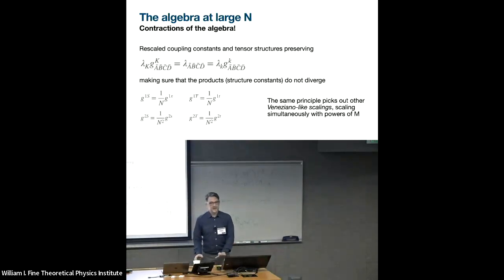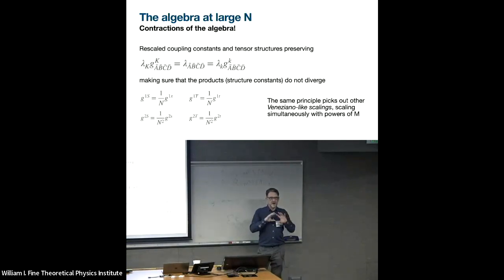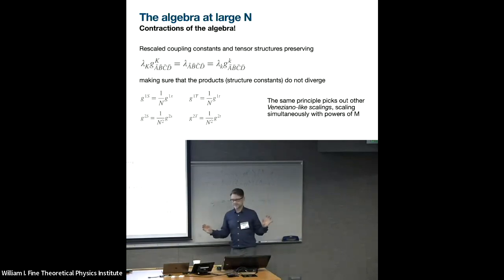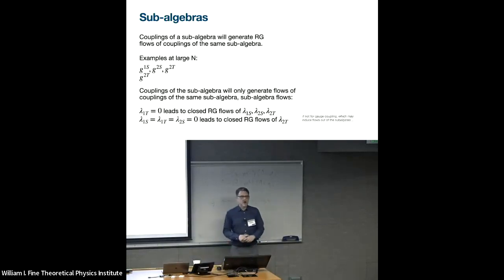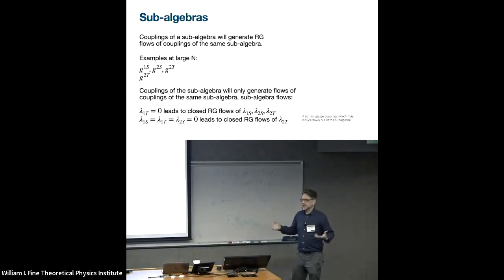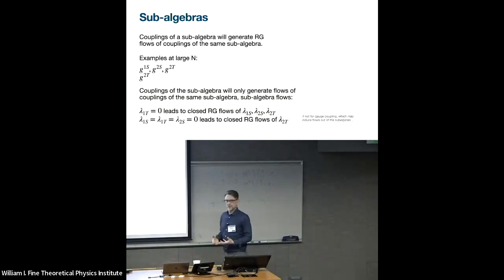This is one of the signs that this algebra summarizes something very important, for whatever that's worth. Now you can also read off interesting things about the renormalization group flow. Of course you can, because they summarize the renormalization to one loop order at least.